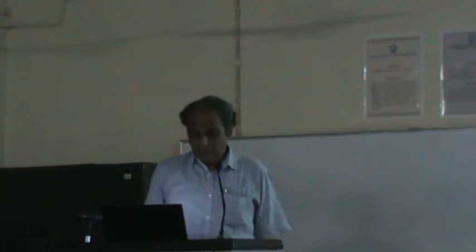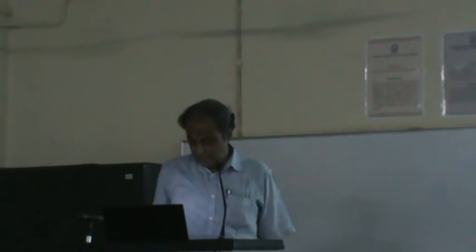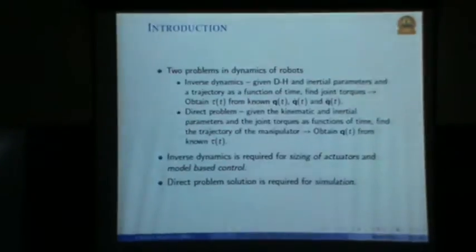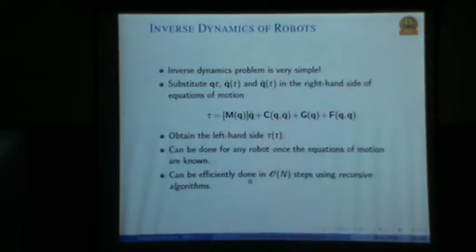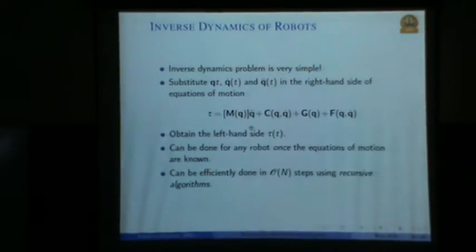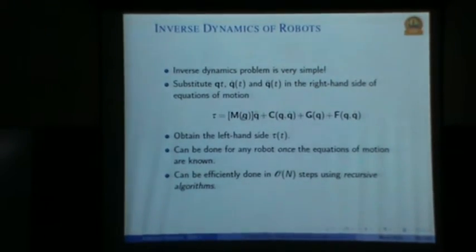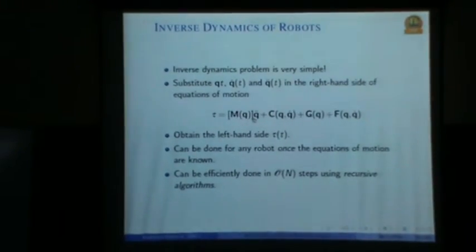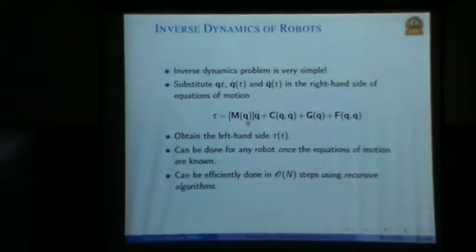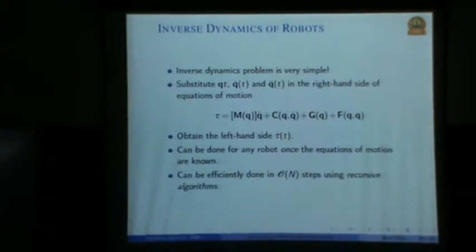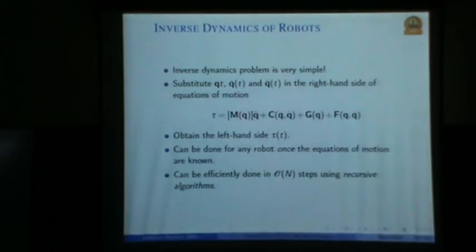If you look at the equation of motion, as I said, for any robot, there are these terms. One is mass into q double dot. This is like torque equals I alpha, a generalized form of I. When you write rotating things, you have I into alpha.